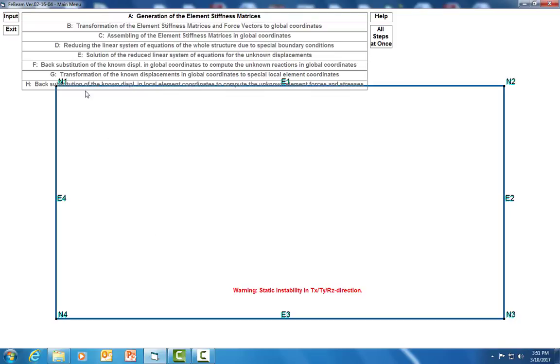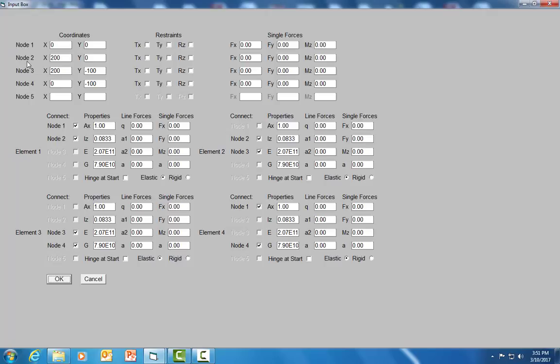And now I put in boundary condition back to input, and I say node 3 and node 4 are fixed, but the moments are free. So the translation in x and y are fixed, but otherwise the structure can move.